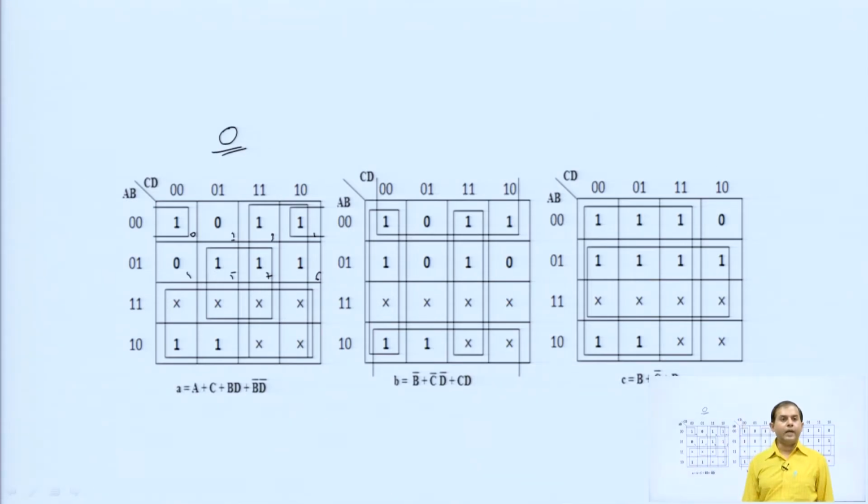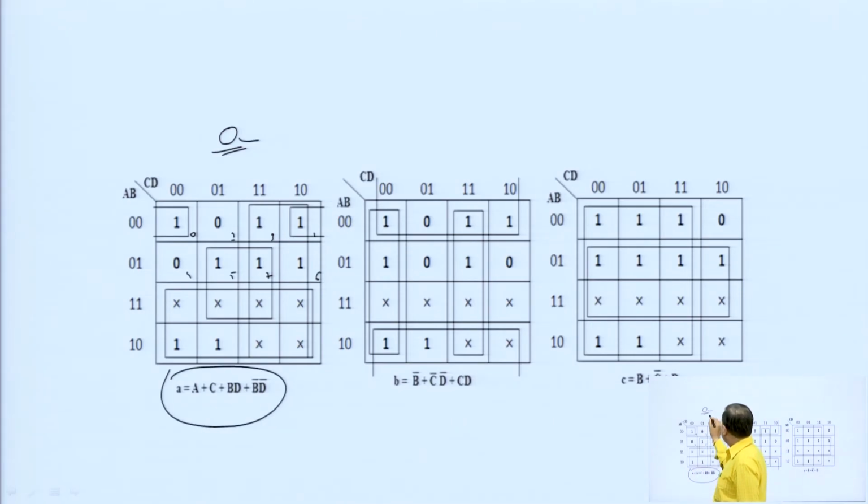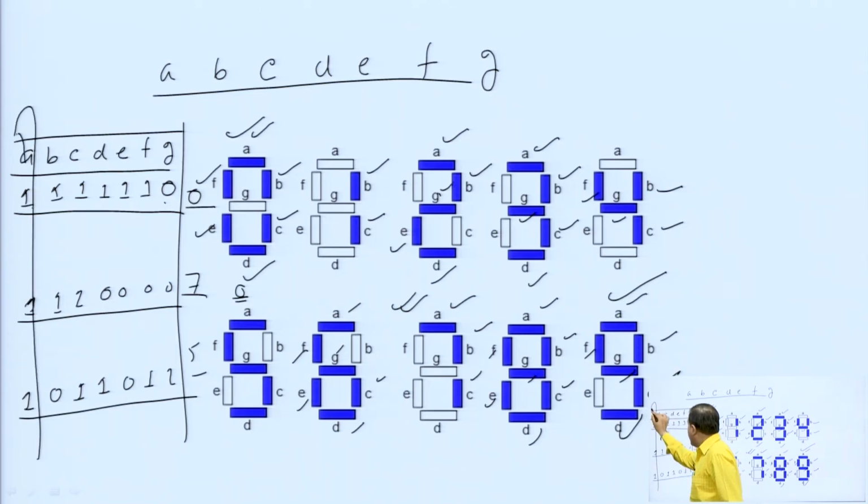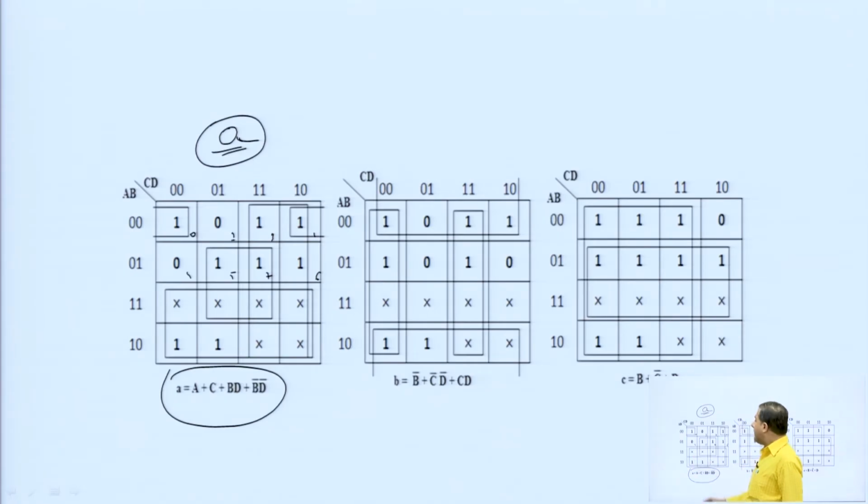crosses. Okay. So, like that for A, to display A, this is the truth table for A. If we write the truth table for this in full, we will be having this truth table, and the value will be A plus C plus B D plus B bar D bar.